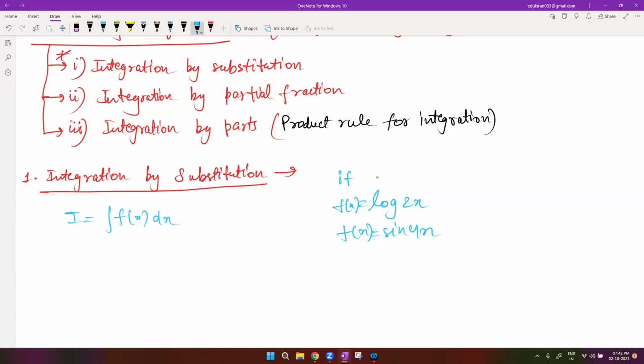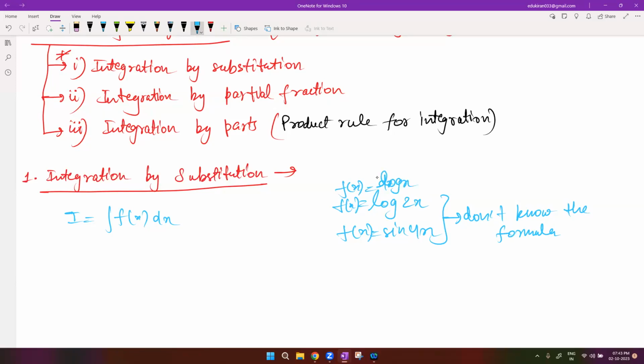We can only integrate something if we know the formula. For log x, we know the integration of log x. Oh, sorry, we don't even know the formula for log x. My bad. Yet we have not even described the formula for what happens if you integrate log x.